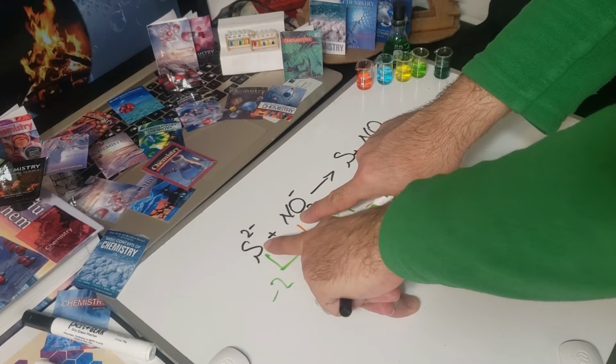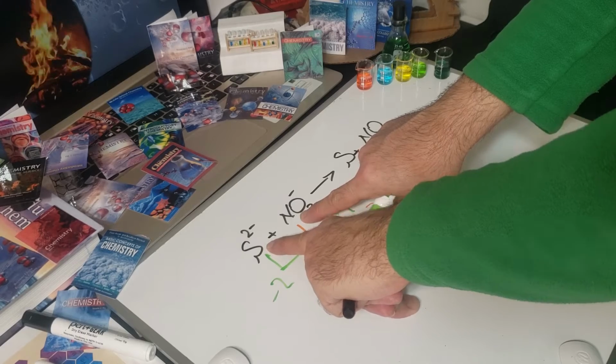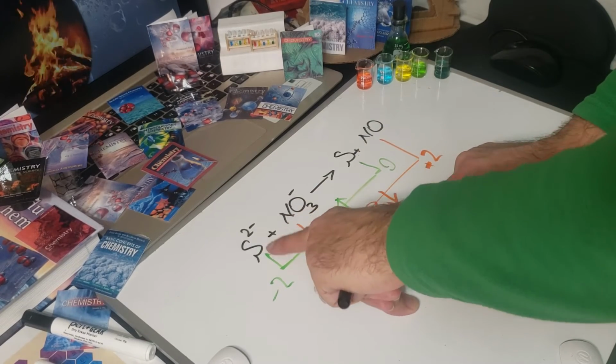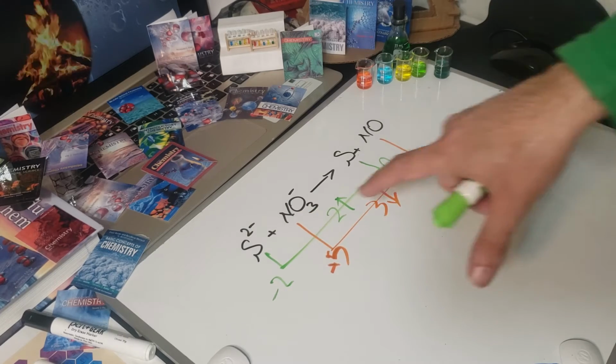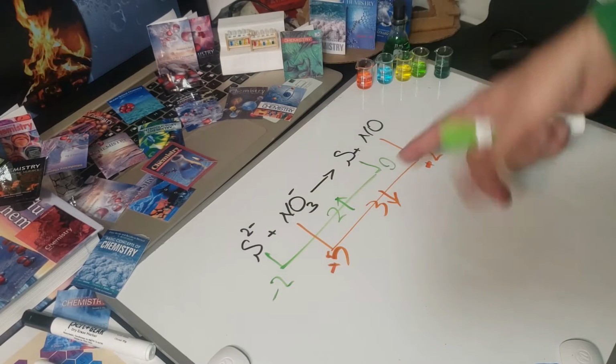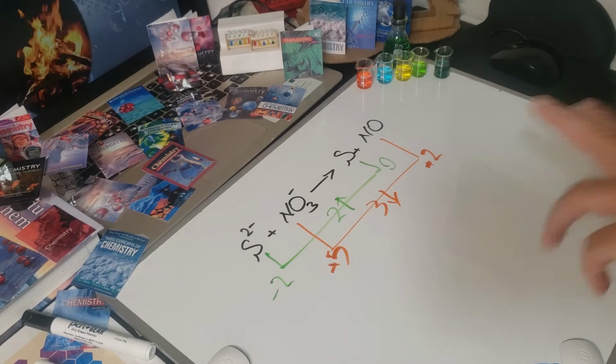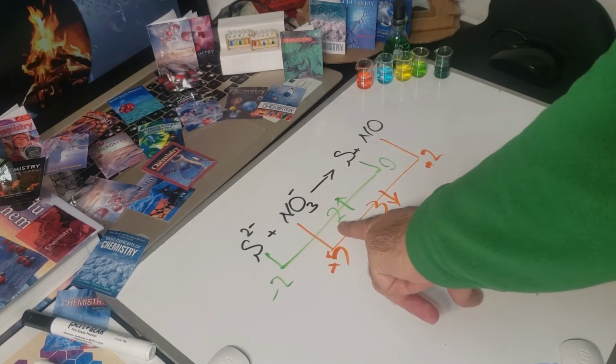If you have 1, then there would be itself, like here, and also here when we have N1 and S1, which we don't write. If you have S2 or N3, for example, then you have to multiply those numbers. So then we exchange these, raising to 3.